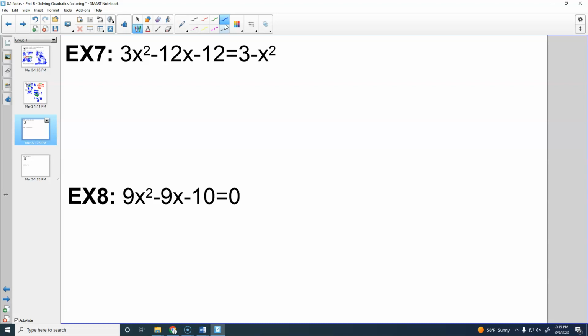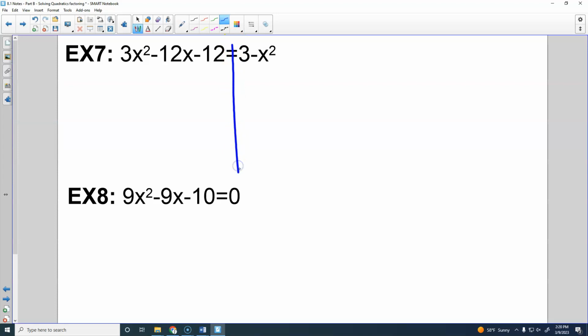All right, so we've got 3x squared minus 12x minus 12 equals 3 minus x squared. So this has to equal 0 before you can do anything with it, and it does not currently equal 0. So I would suggest trying to make sure your x squared is positive. Things are easier to factor if your x squared is positive. So I would take this x squared and add it to the x squared over here to get rid of the x squared.